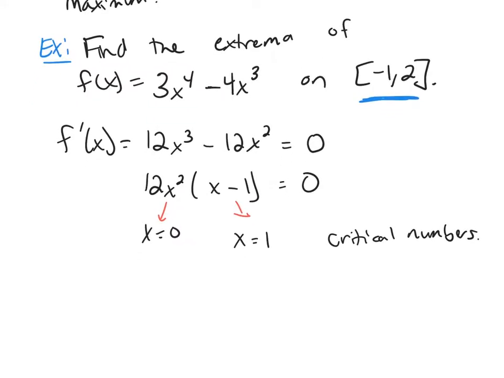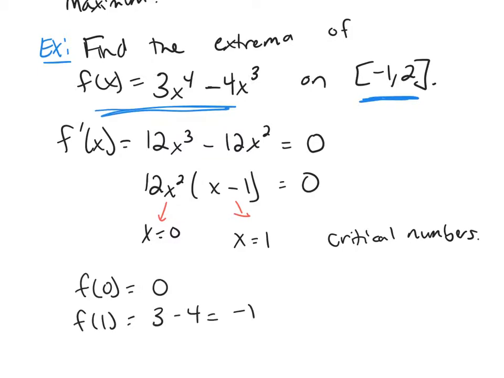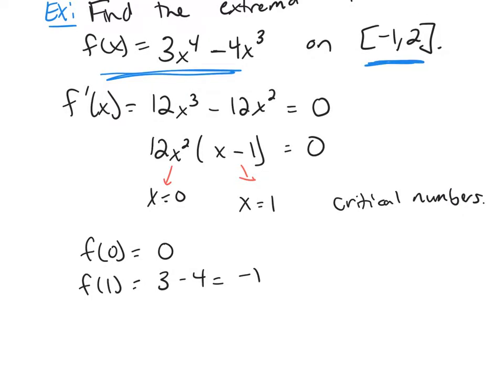So now I need to plug these into my original function, not the derivative, plug it into f of x here. So f of 0 is going to be 0. f of 1 will be 3 minus 4, or -1. So that was step 2 in our procedure. Step 3, I need to plug in my two endpoints of my interval.